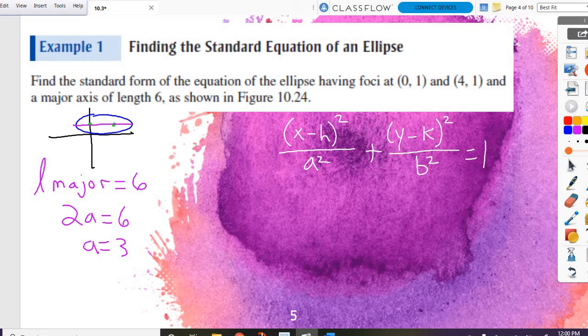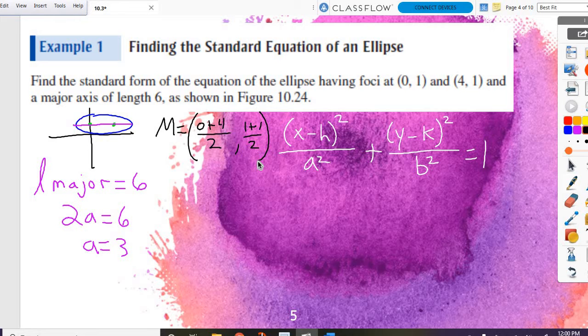Alright, and then if we wanted to find our center, because they don't give it to us, what would we need to find? The midpoint of (0, 1) and (4, 1). Okay, what is our midpoint formula? Change in... No, because change would be subtraction. Average. There you go. So you would have (0 plus 4) divided by 2, comma, (1 plus 1) divided by 2.